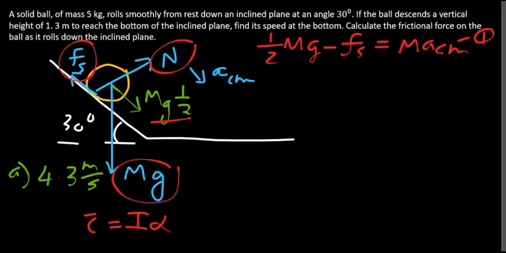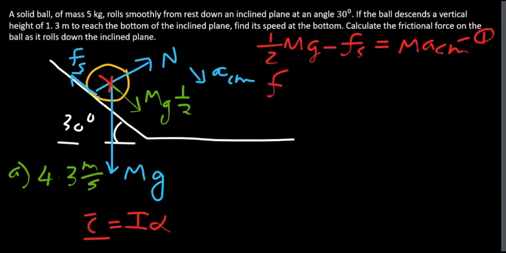Or to be accurate, they create no torque about an axis passing through the center of mass. So the torque created by the static friction is given by the force of static friction times the distance between the axis of rotation that is passing through the center of mass and the force itself, which in this case is the radius of that solid ball, so r.